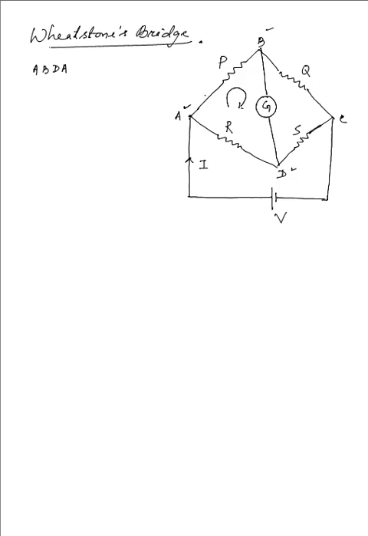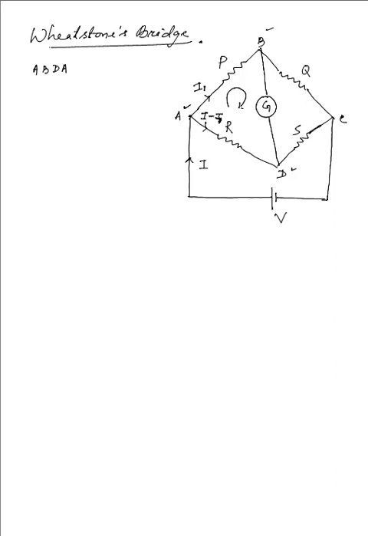As it gets distributed, we have two currents flowing across the two wires that are leaving the junction A. If this one was I that has entered A, and we have I1 coming out of A, then from Kirchhoff's current law, obviously the rest of the current that is moving from A towards D has to be I minus I1, because the sum total that is entering has to be equal to the current that is leaving.